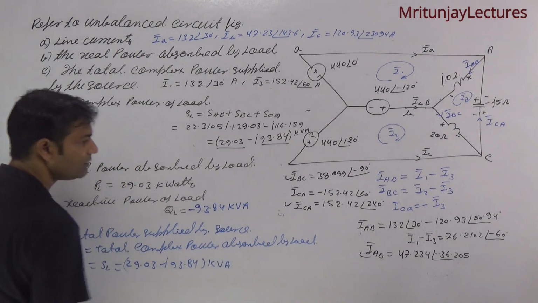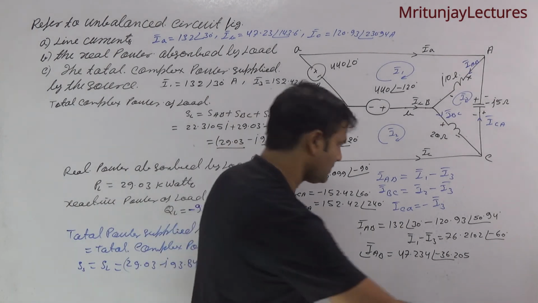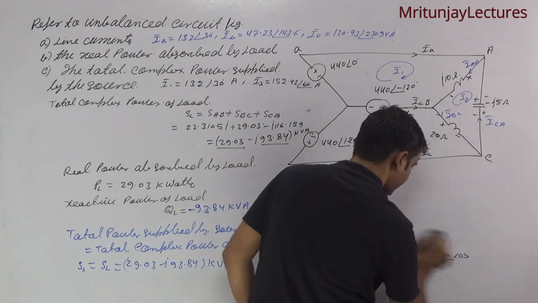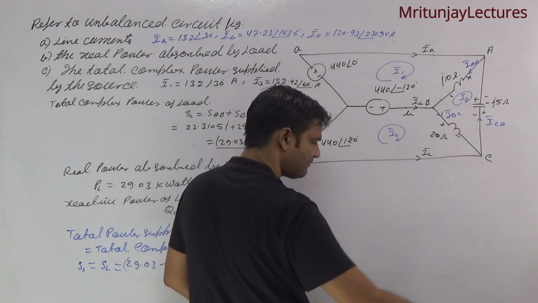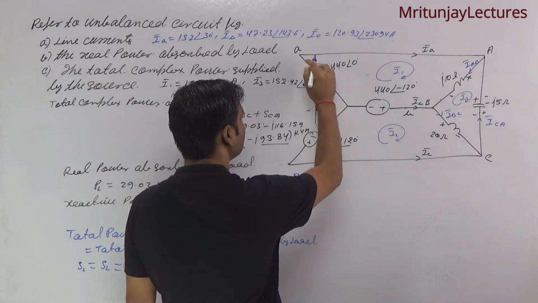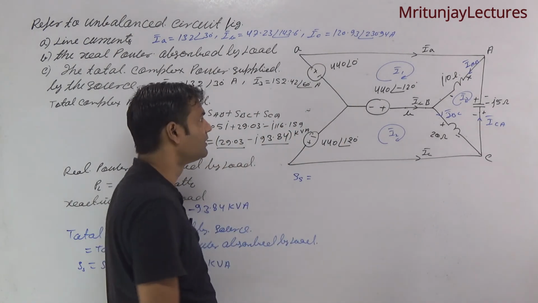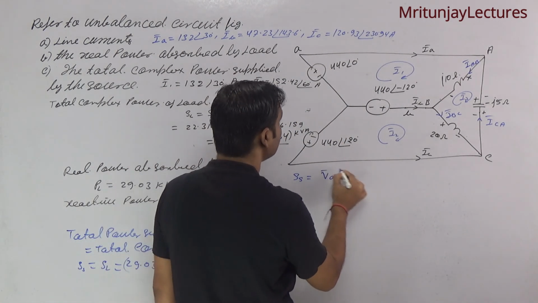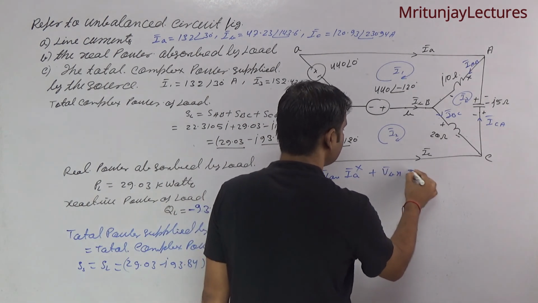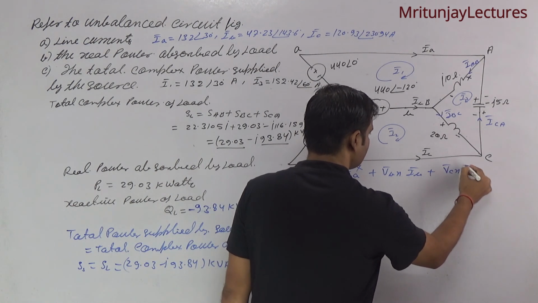kVA. If anyone is interested, how can it be determined? Sir, we are focused on which formula? You can write SS as the power corresponding to this one: VAN into IA conjugate, V of BN into IB conjugate, and V of CN into IC conjugate.